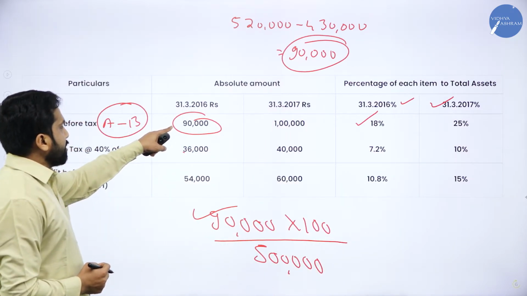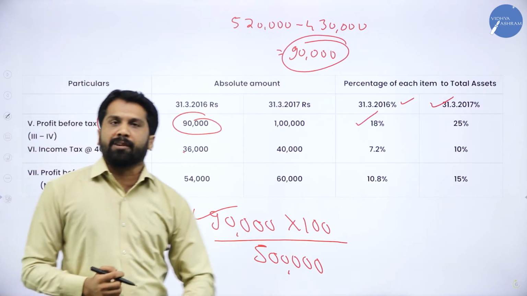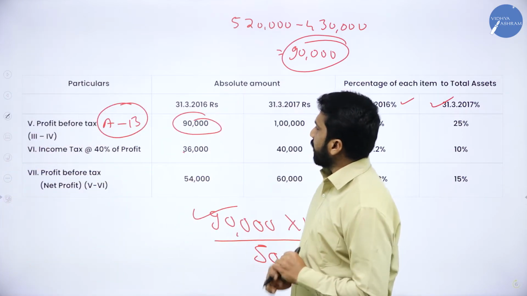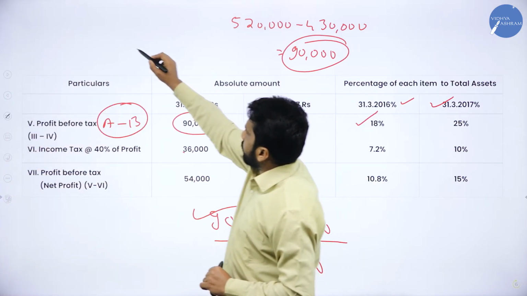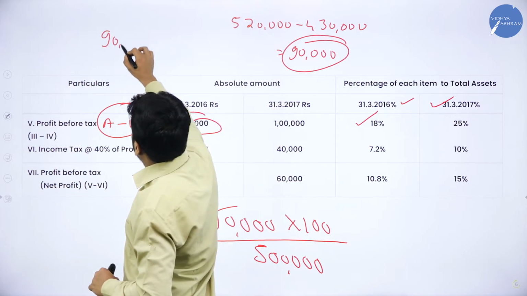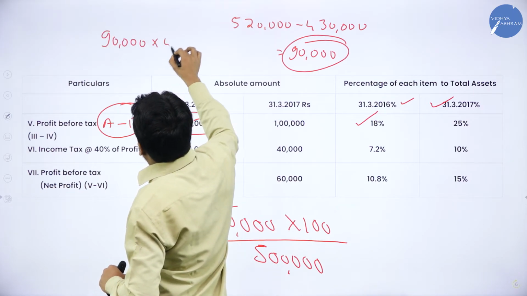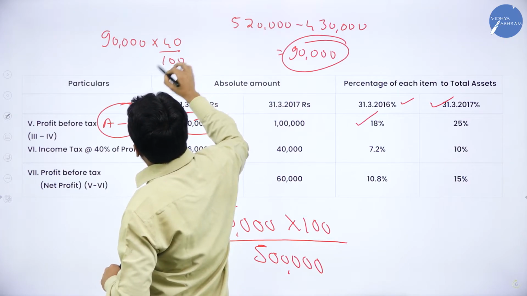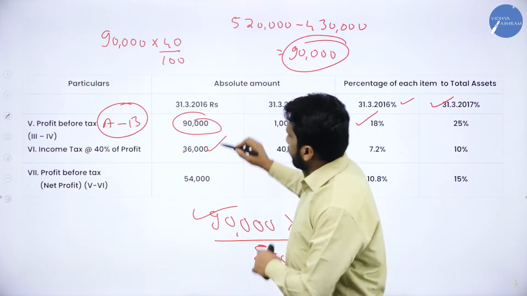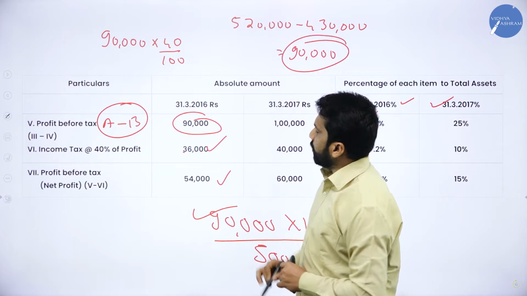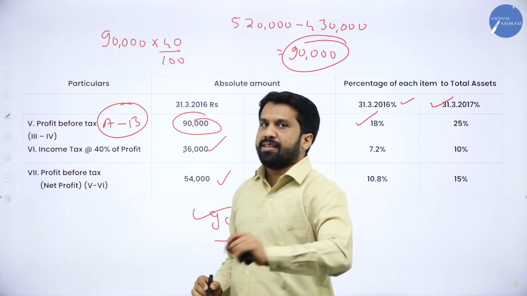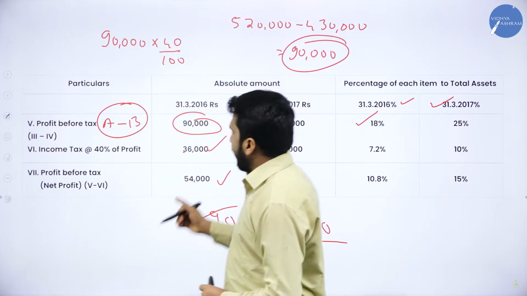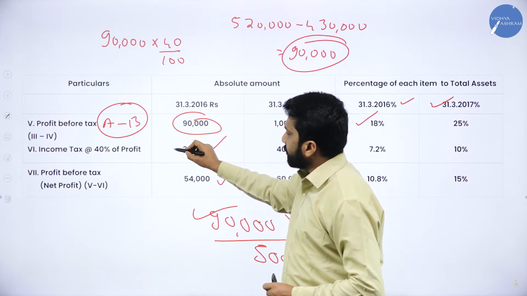From 90,000, what is your tax calculation? 40%. Now, 90,000 multiplied with 40%, you will get 36,000. 90,000 minus 36,000, your final answer is 54,000. Remember, tax you should subtract.